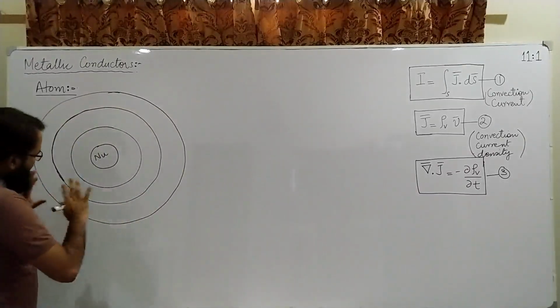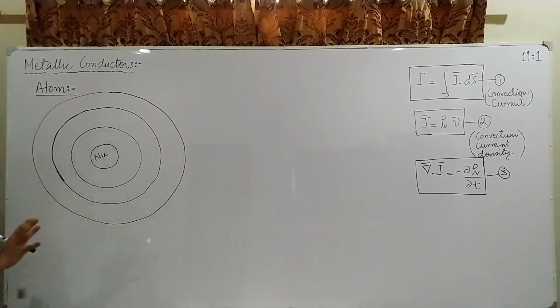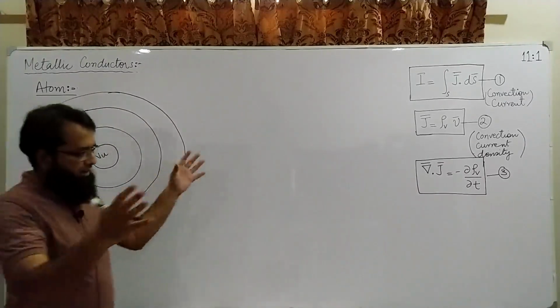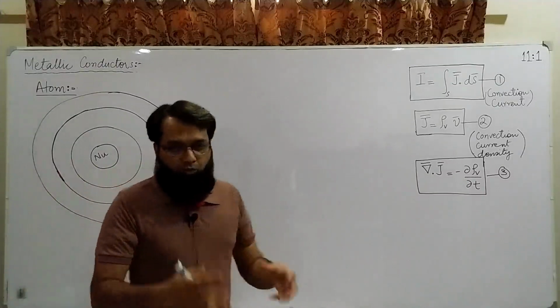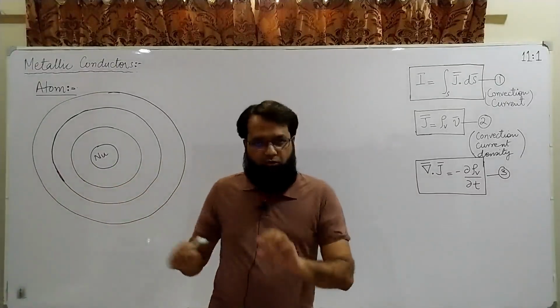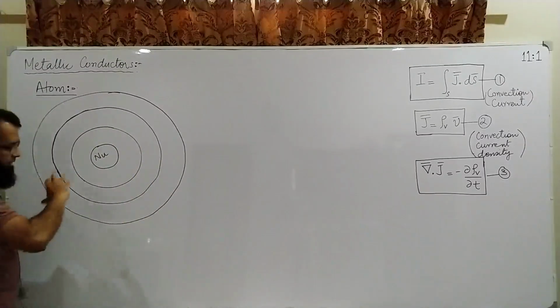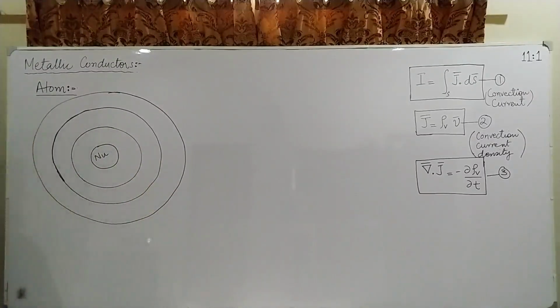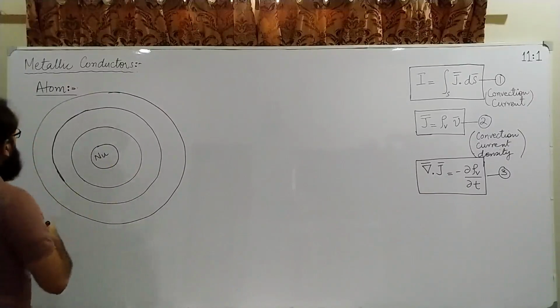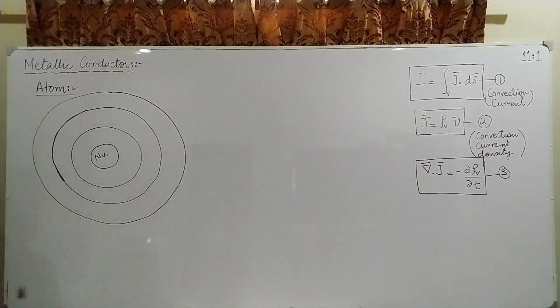So these are the things which were incorporated in the basic Bohr's model, and today we are going to discuss just the fundamental key things which are related to electromagnetics. We cannot dive into the details of how the atom is modeled exactly.